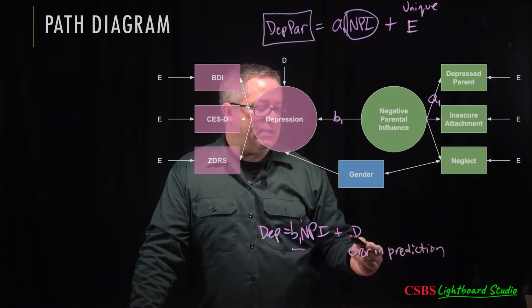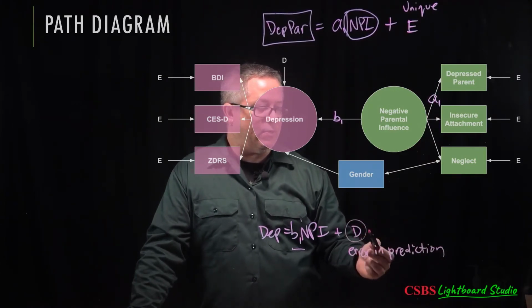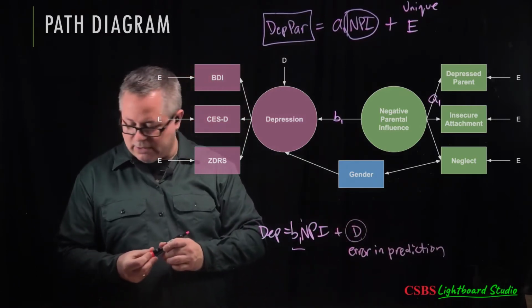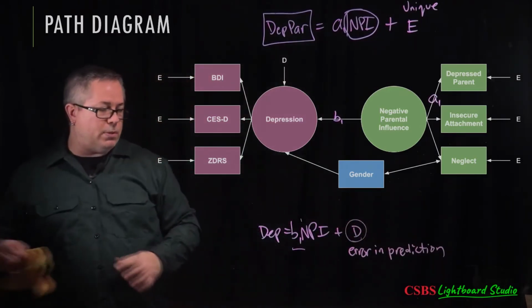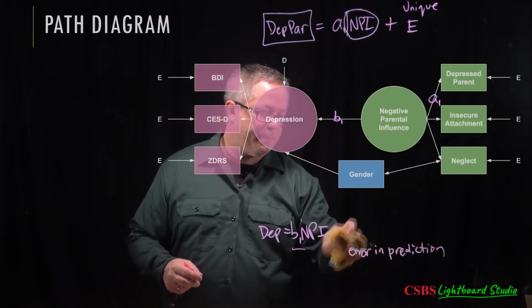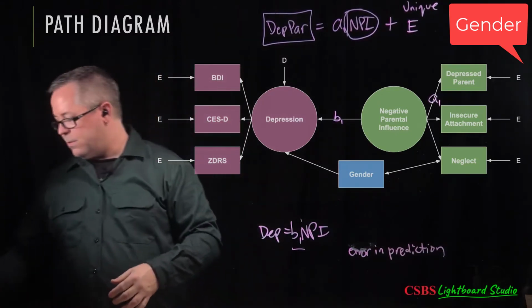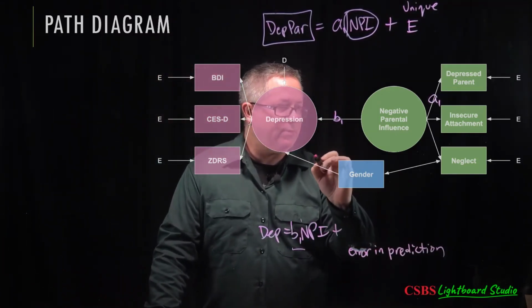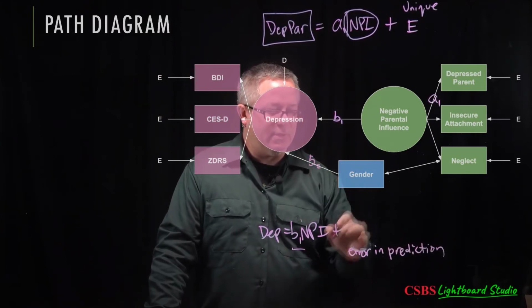And this D really is represented, if I really want to make this correct, I need to actually complete the whole thing. What else predicts depression? So it's really plus, we need another, like a B2 or something.